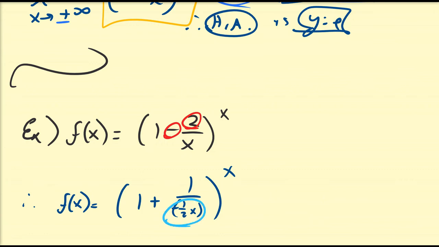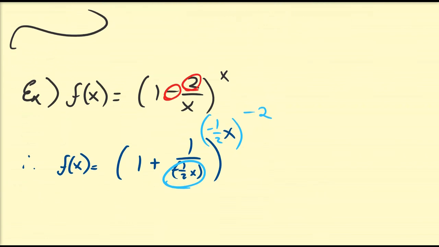And we have negative 1/2 x to the power of x, and maybe I need to introduce a negative 1/2 x in the exponent here. But the only way I can do that is if I raise this to a power of minus 2 so that those two things cancel out and we're not changing the actual function.